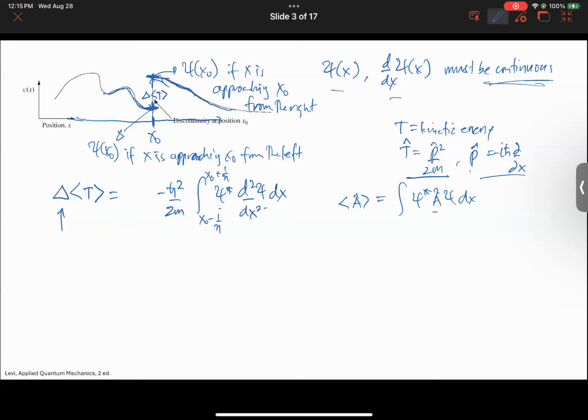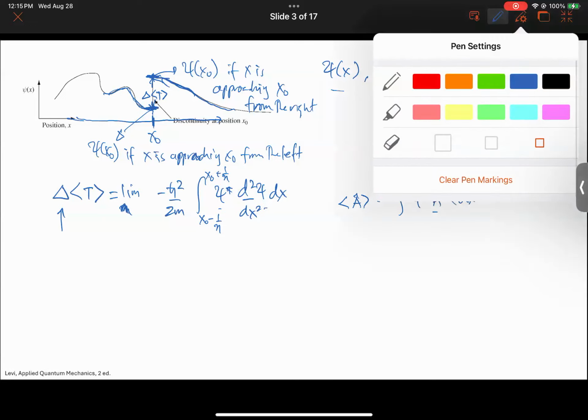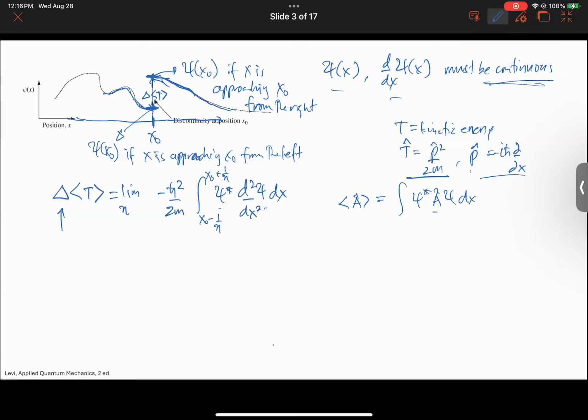So ang ginagawa ng eta dyan is if we take the limit as eta approaches infinity, then we're essentially allowing eta to approach x naught in this direction for the lower limit.